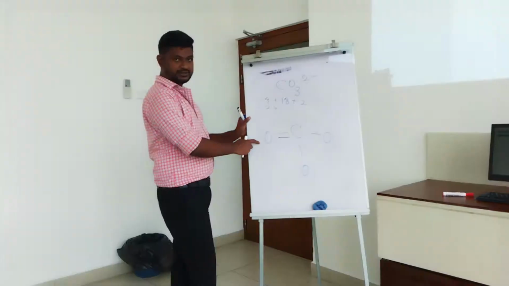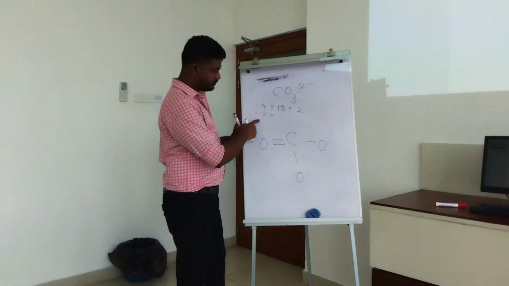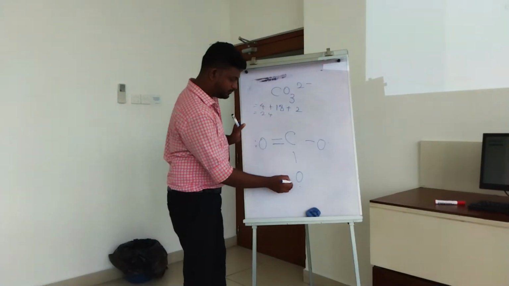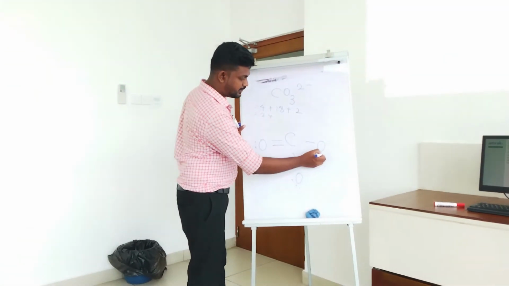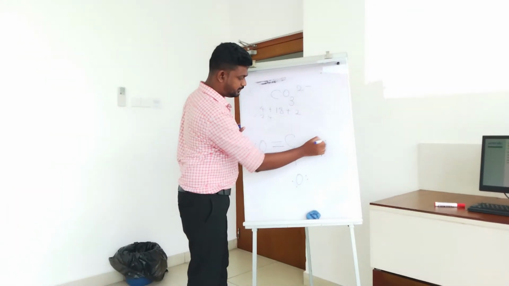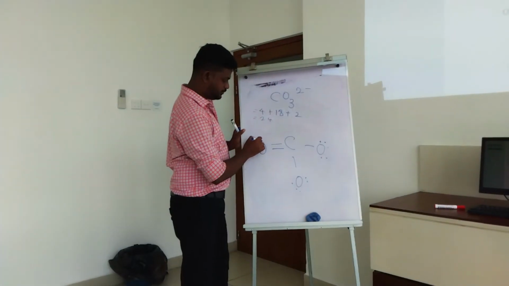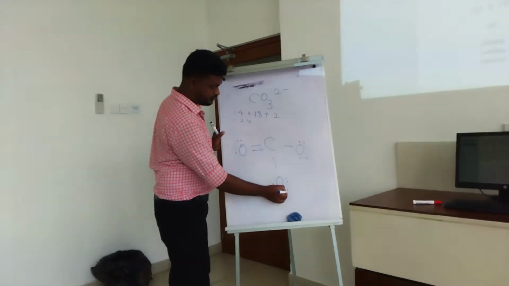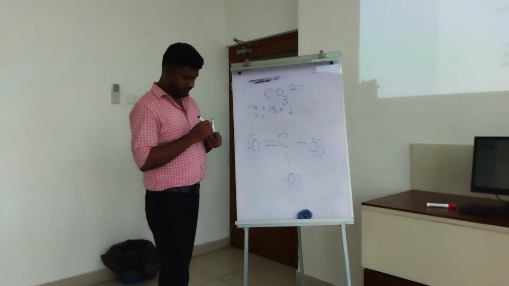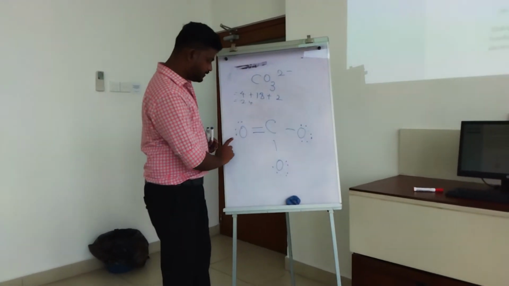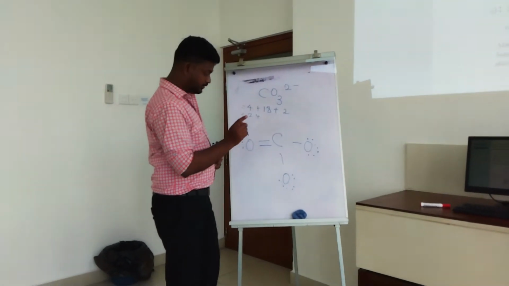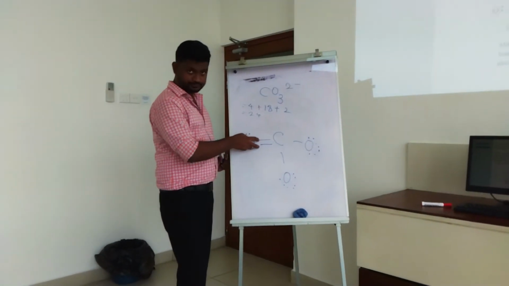16, yes. 2, 4, 6, 8, 10, 12, 14, 16. Okay? Now, in oxygen you have 2 plus 2 plus 2, and here 1, so altogether 6 electrons.